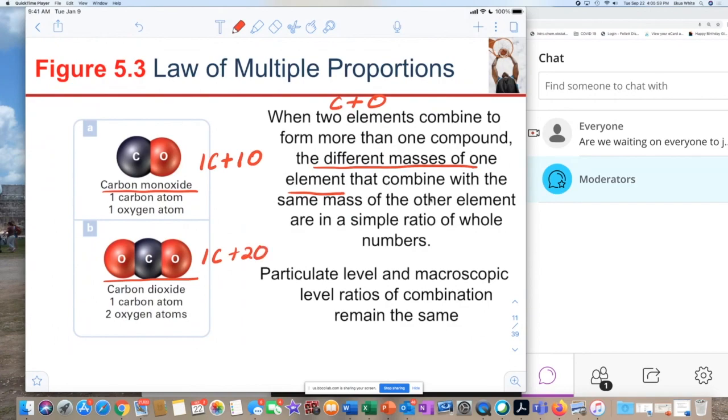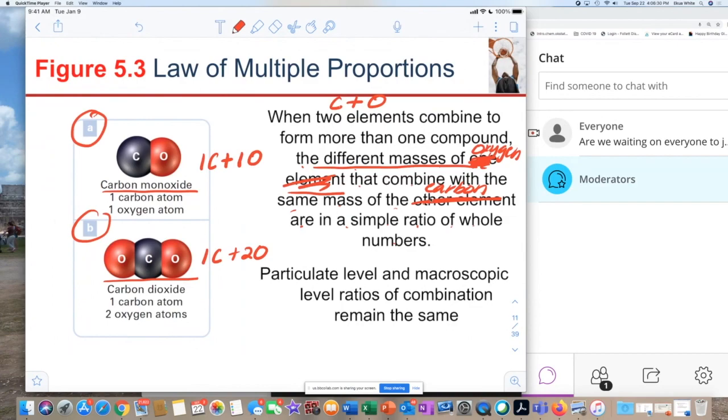So the amount that's changing from the first situation to the second is the amount of oxygen, not the carbon. The carbon amount is remaining the same. So when it says here, the different masses of oxygen that combine with the same mass of carbon are in a simple ratio of whole numbers.